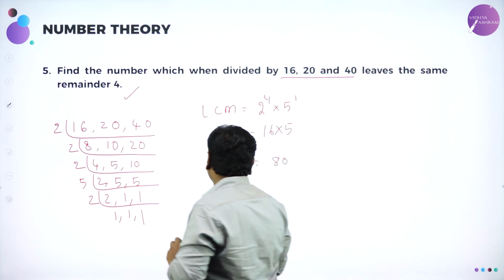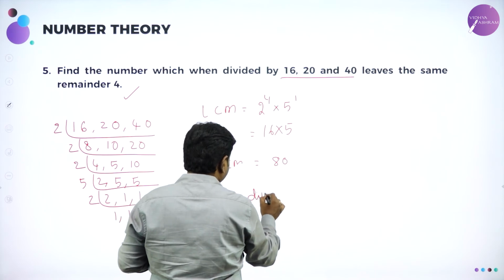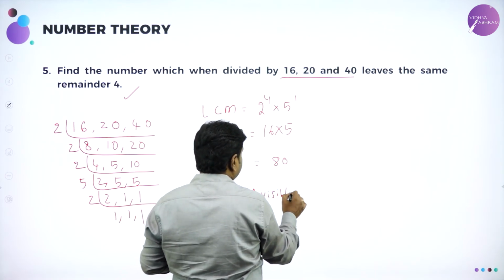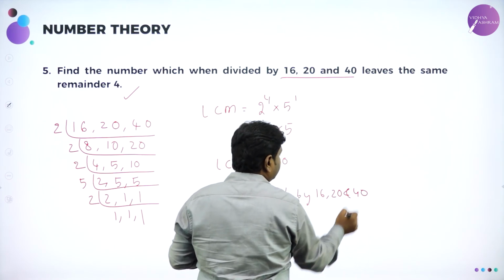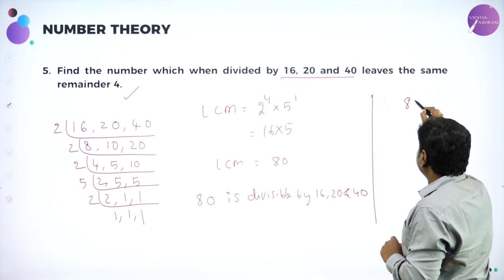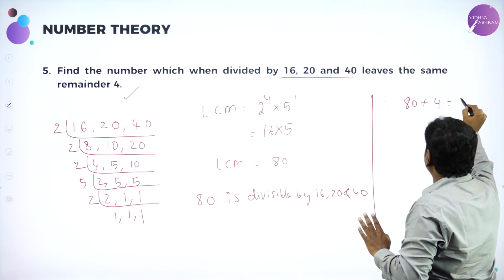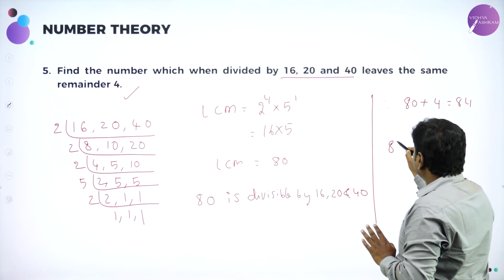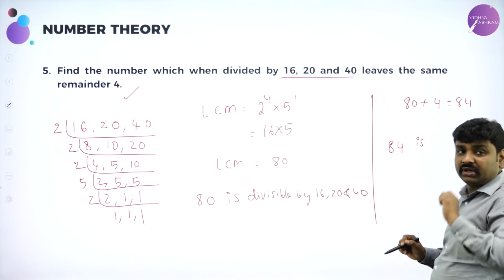So first I write that 80 is divisible by 16, 20 and 40, but they don't want this. Therefore to 80, I add the remainder. 80 plus 4 is equal to 84. 84 is the number they want.